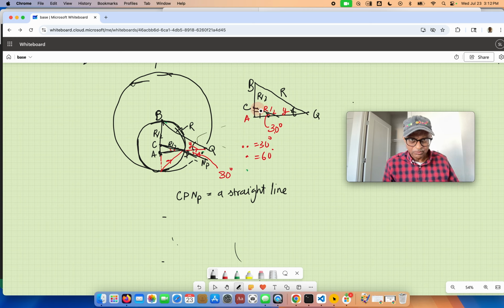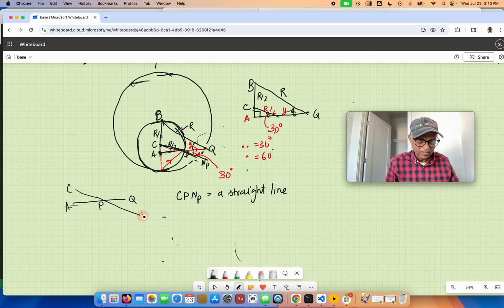So this is R over 2, and from this geometry you can see you have a horizontal line A, B, Q, and you have C, B, and P, and this is 30 degrees. So this must be 30 degrees. So that's 30 degrees here.